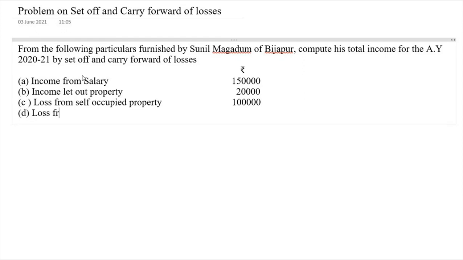Then D, loss from cloth business, which amounts to rupees 80,000 here. E, income from automobile business, ₹1 lakh.